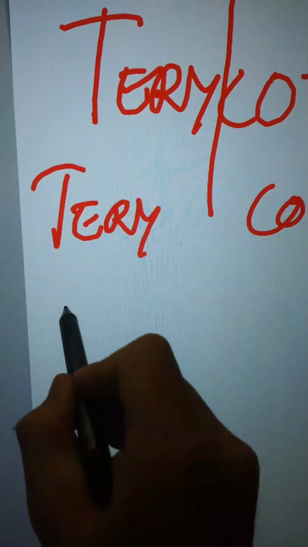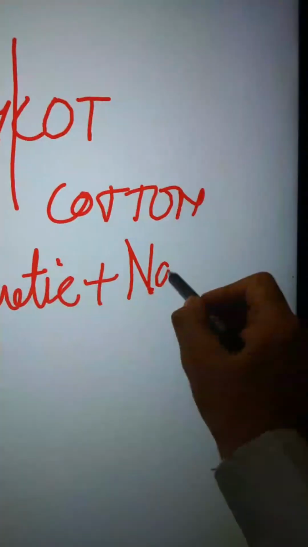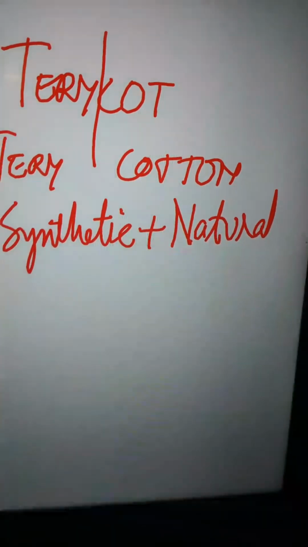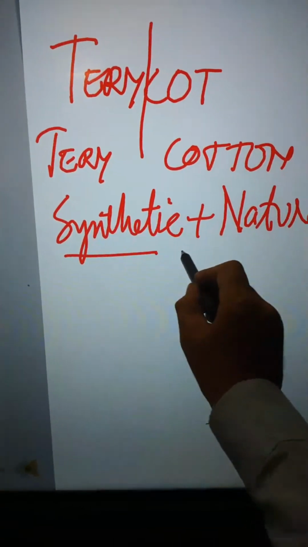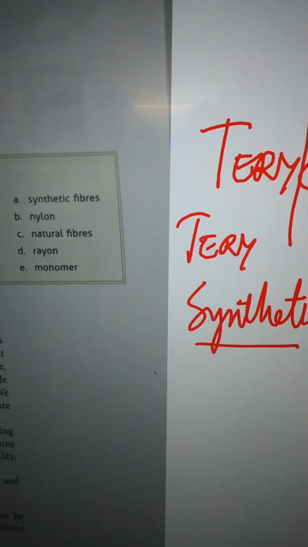Mostly blended fibers are a mixture of synthetic plus natural. Why are fibers blended? To get the qualities of both synthetic and natural. So blended fibers will have a combination of the two.